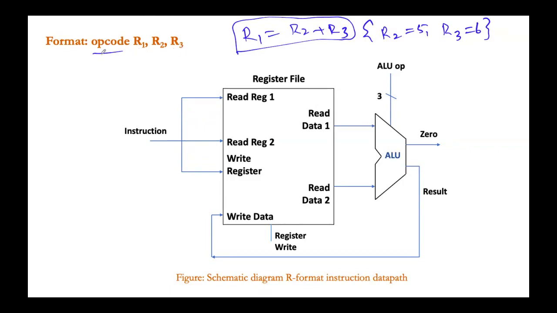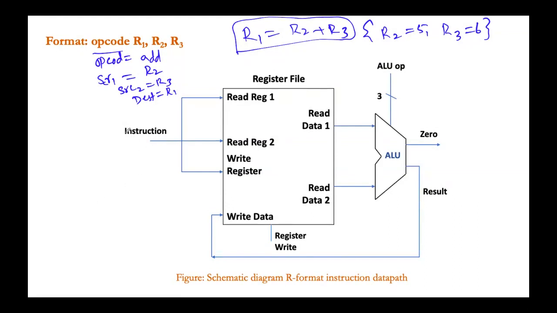So what is our opcode here? The operation code is equal to your add code, source 1 is R2, source 2 is R3, and your destination is R1.